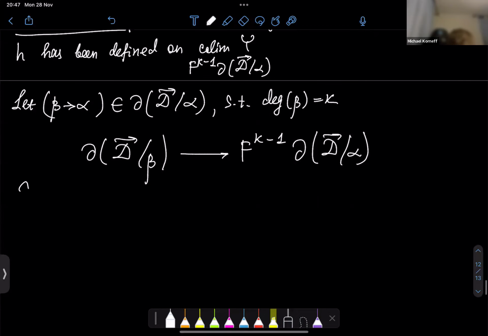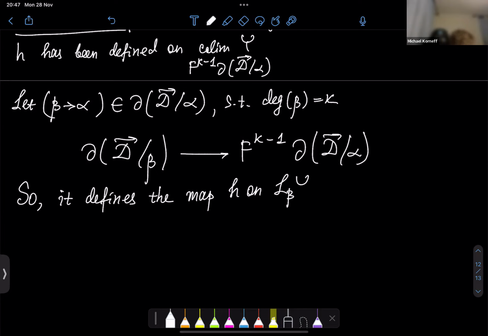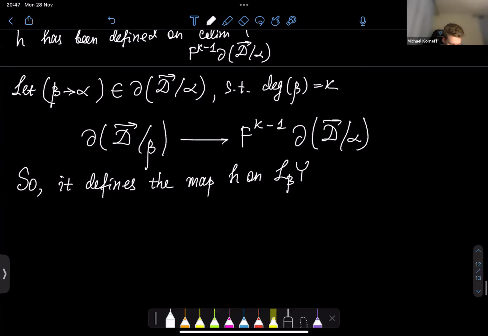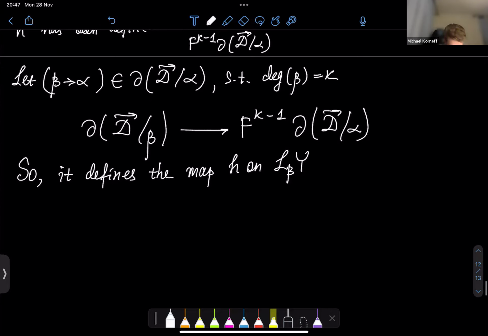So it defines the map H on the latching object of Y beta, and thus we have the following. Okay, and also we have the following diagram.